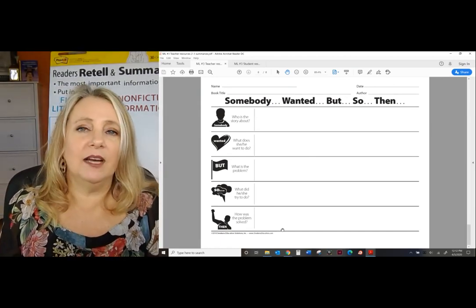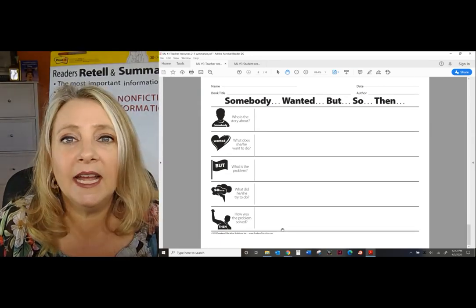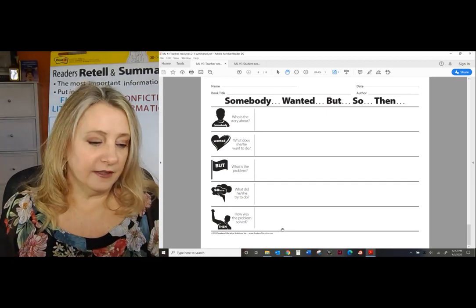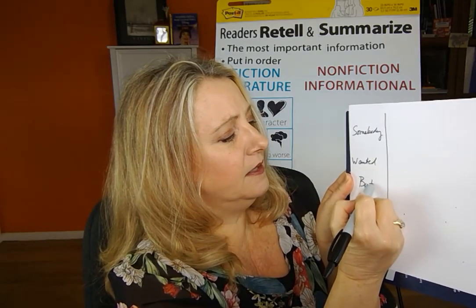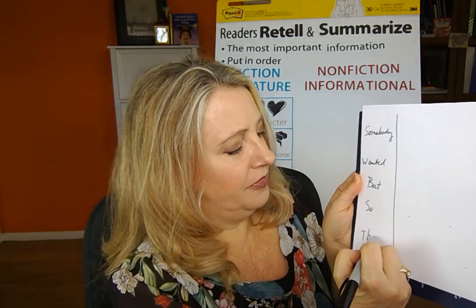So you could print these out. Sure. Miss McCullough, I don't have a printer. No worries. You know what I do? I just take a blank piece of paper and it's all about the words. And so I just write the words out to the side first. I write somebody wanted, but, so, then.